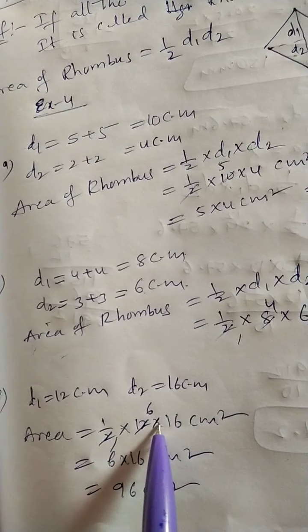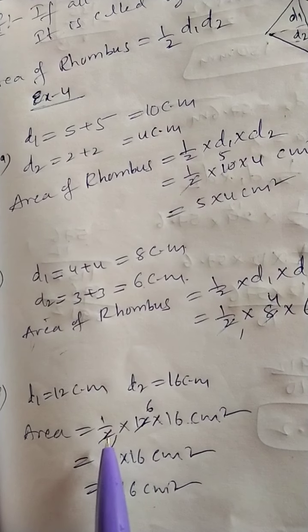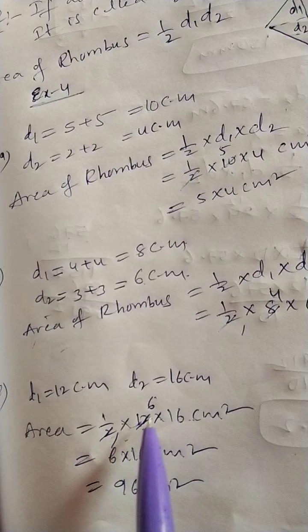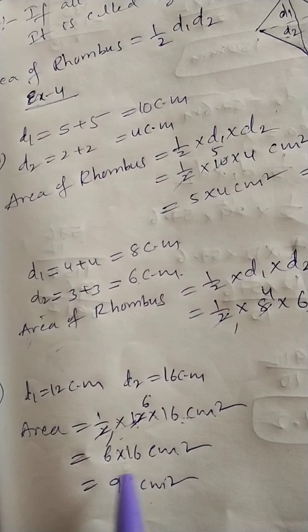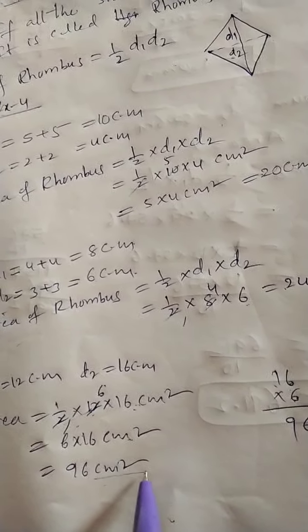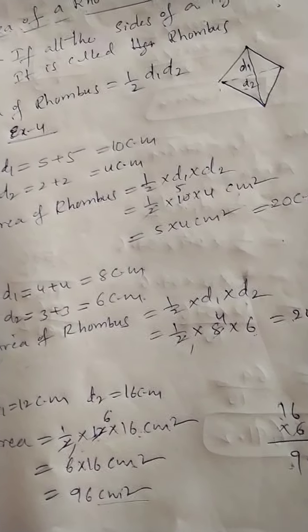Area of rhombus is half into d1 into d2, directly substituted. 2 ones are 2, 2 sixes are 12, so we can do the cancellation. Now 6 into 16, we can do the multiplication, so you will get the answer 96 centimeter square. Here I did that multiplication, so you can check.